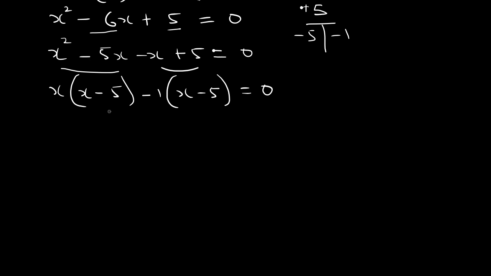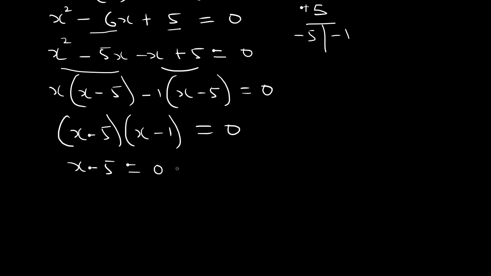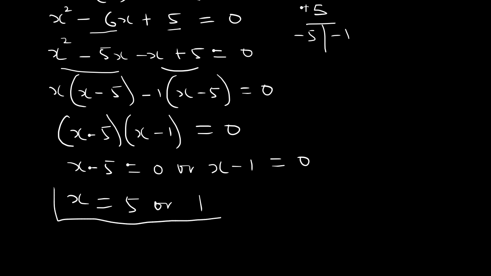Our two brackets are the same, so we'll pick one and create the second bracket, x minus 1 equal to 0. So x minus 5 is equal to 0, or x minus 1 is equal to 0. So if we move minus 5 to the right hand side here, we'll have that x is equal to 5. And here, if we move minus 1 to the right hand side, we'll have that x is equal to 1. So we are on the right track.